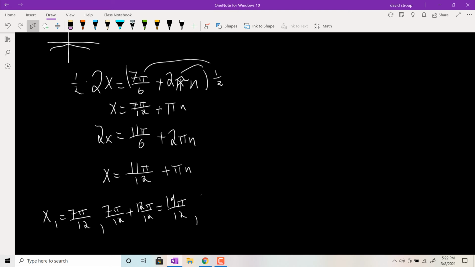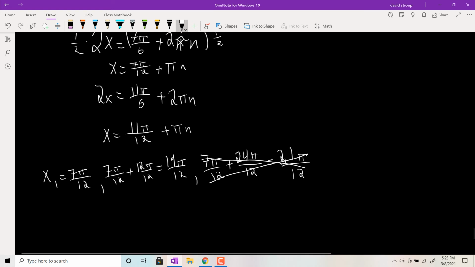And then your third potential solution would be 7 pi over 12 plus 2 pi. 2 pi is 24 pi over 12, so that would be 31 pi over 12, which is bigger than 2 pi. So no, this one won't work. But you do get 2 answers instead of just that one.